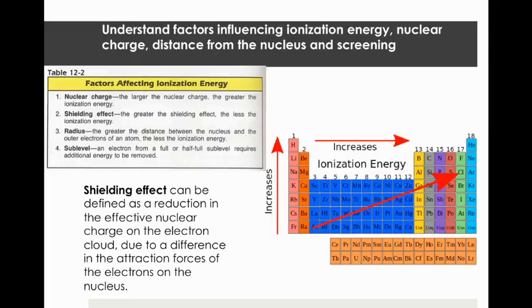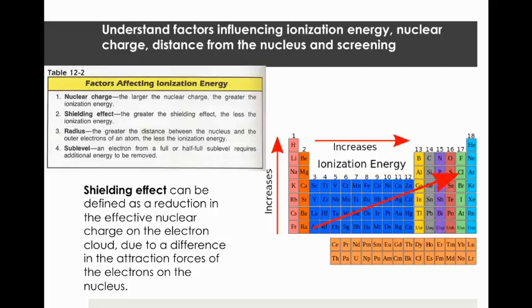The larger the nuclear charge, for example, the greater the ionization energy. We also need to understand the radius of an atom. How does that change in groups or across the periodic table or in periods? Or as we go down the periodic table, what is the effect of the radius increasing or decreasing?